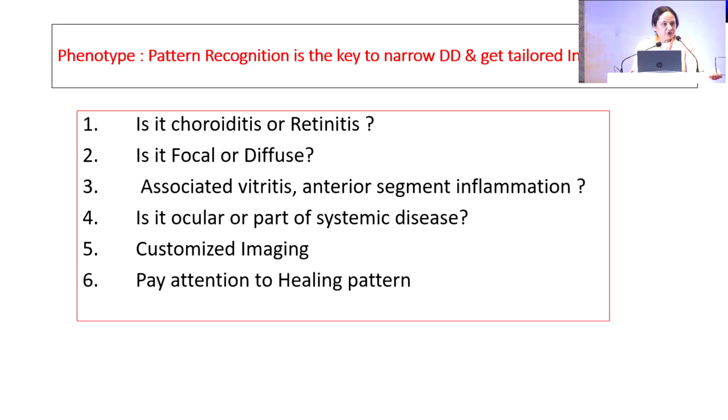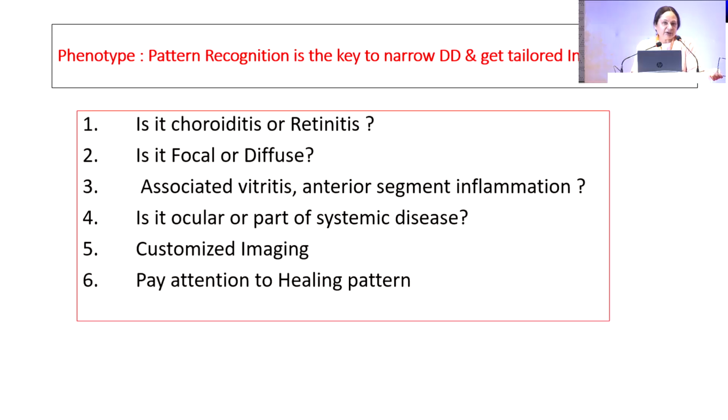Now, what do we do when we encounter a patient who has a yellow lesion in the fundus? As I mentioned, first look at the lesion clinically and try to determine: is it choroiditis or retinitis? I'm going to show you how over a couple of slides.